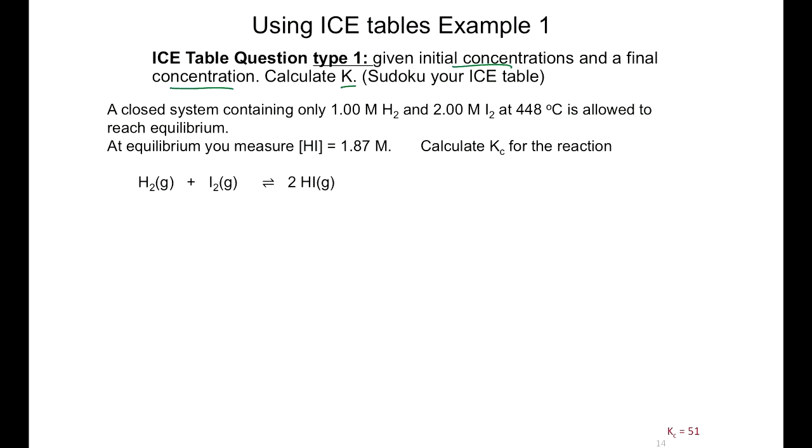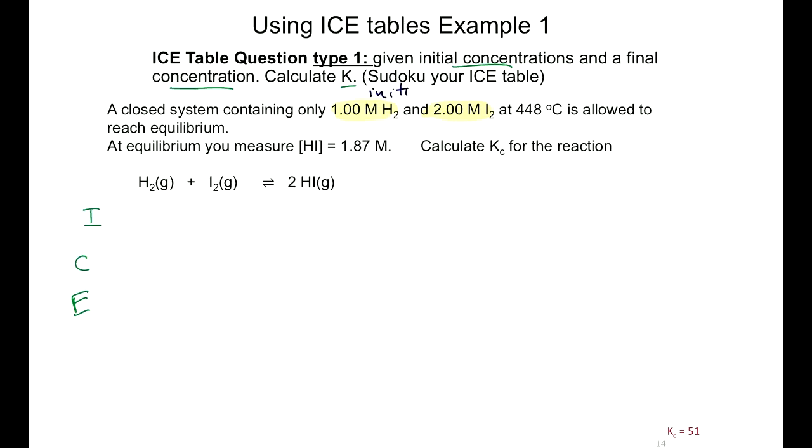A lot of this is just reading comprehension. We have a chemical equation, a chemical equilibrium. I know I'm going to have to do an ICE table, but I need to make sure I put those values in the right spot. I tell you we have a system containing hydrogen gas and iodine at this temperature, and we allow it to reach equilibrium. To me, that sounds like initial conditions.